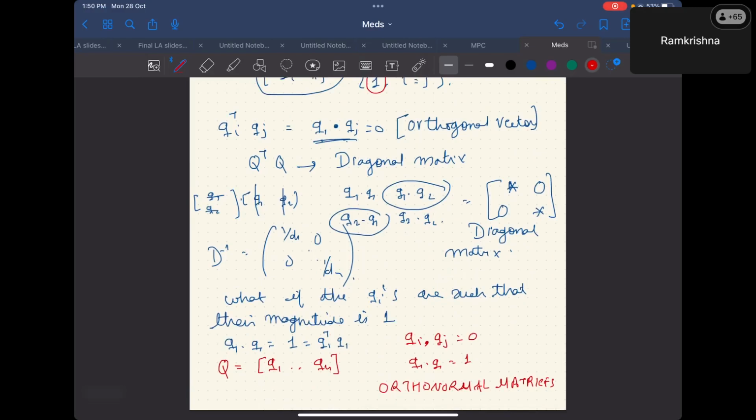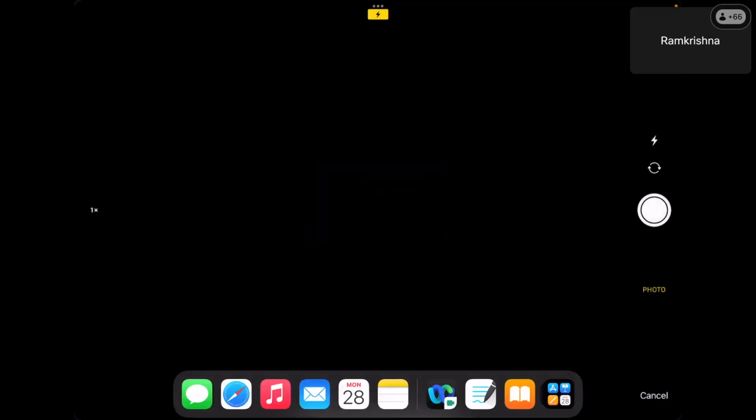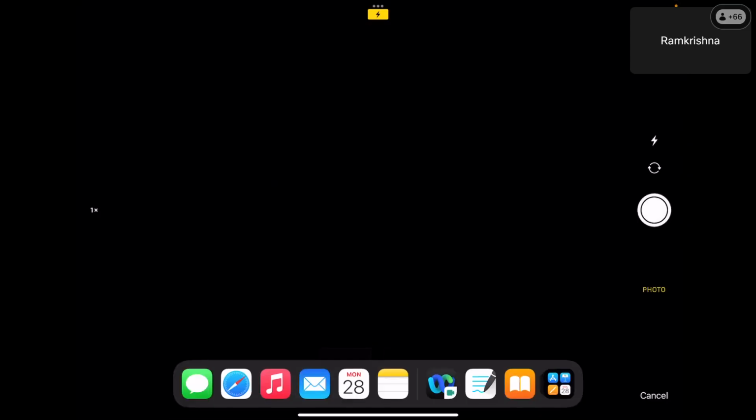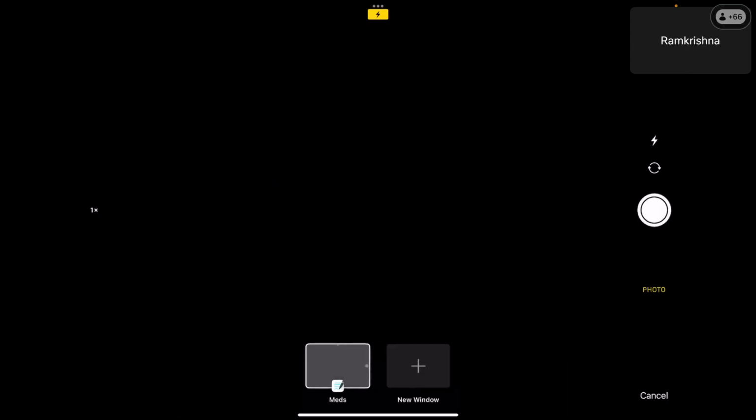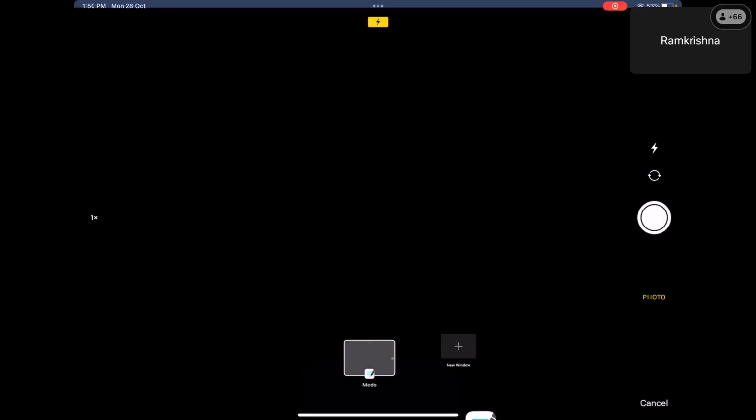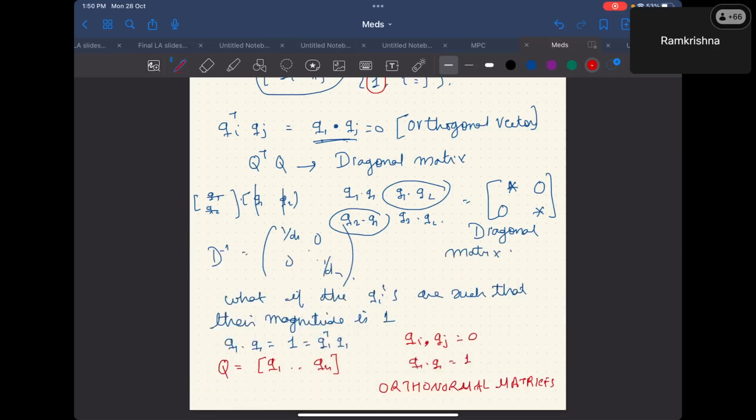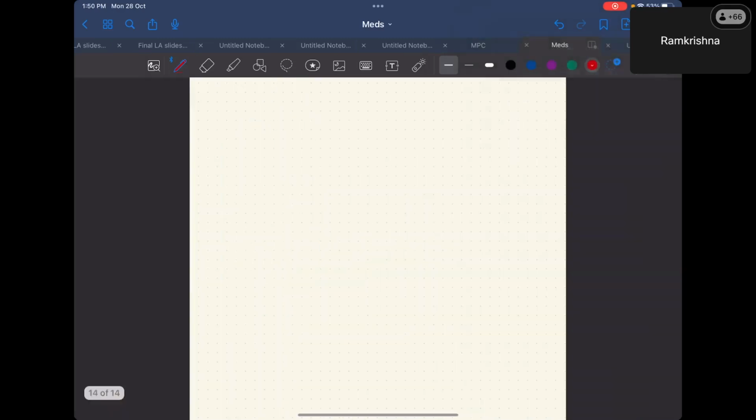When matrices are orthonormal, what happens to Q transpose Q when Qi dot Qj equal to 0 and Qi dot Qi equal to 1?